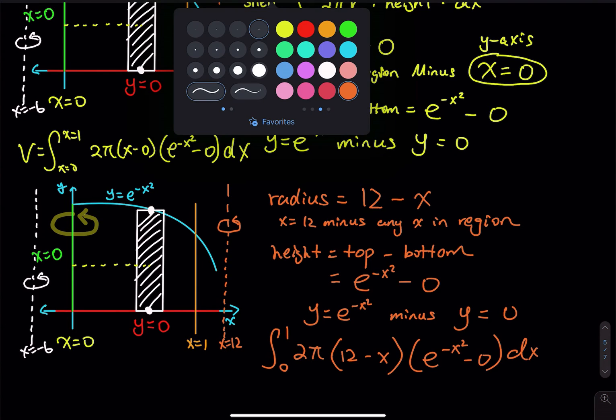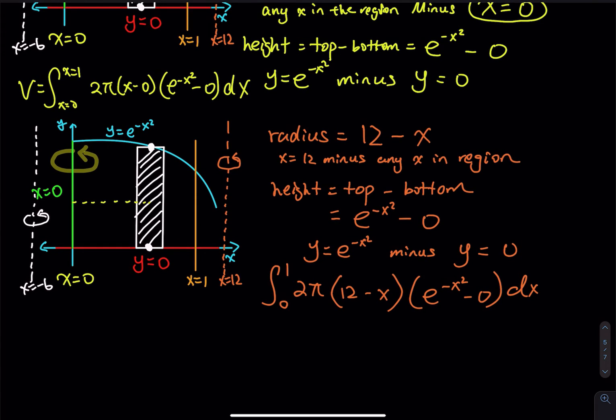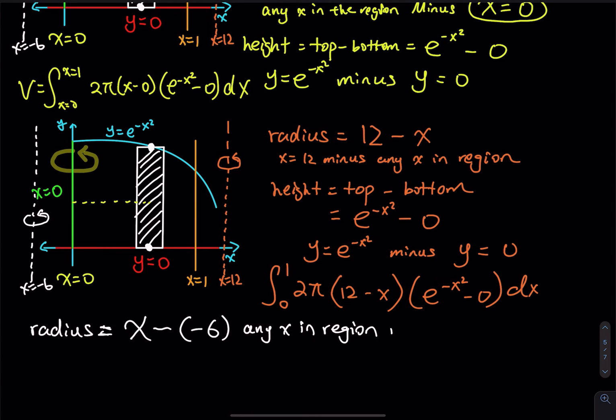What about the other revolution axis, x equals negative 6? How does that affect the radius? We will be using right minus left, any x between the lower limit and the upper limit, or you should say any x in the region, minus x equals negative 6. So that determines the radius. And then the height, no change.